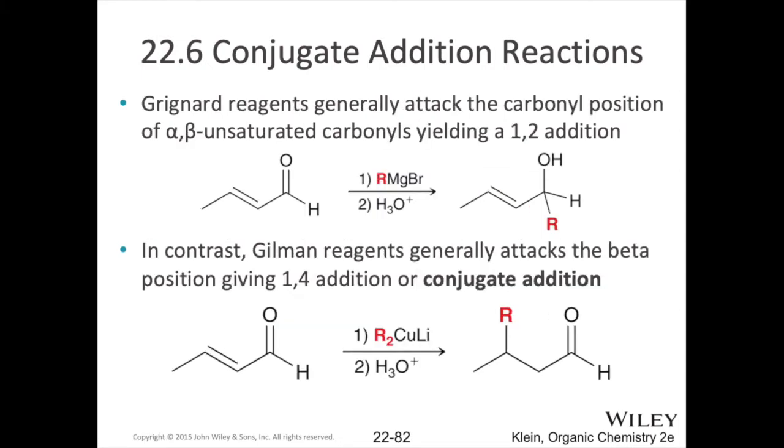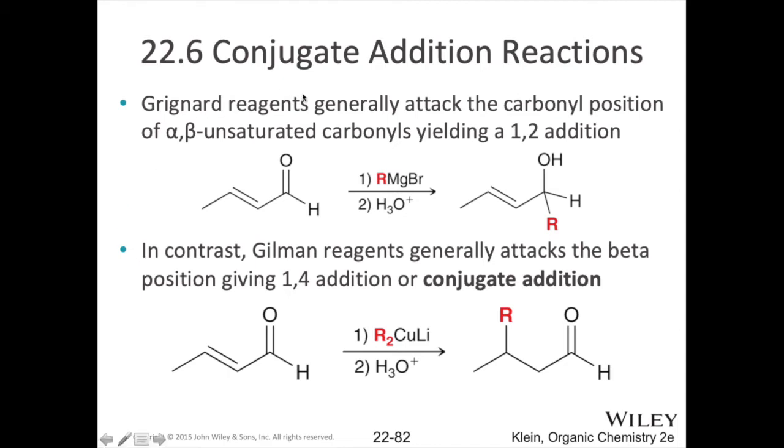So that's something to keep in mind when we think about what might attack that molecule and where it might attack it. So, we've got some electrophilic, positively charged carbons, and both of those can be attacked accordingly by nucleophilic carbons or carbanions. Okay, so if we think about carbanions that are nucleophilic, we think of Grignard reagents and Gilman reagents.